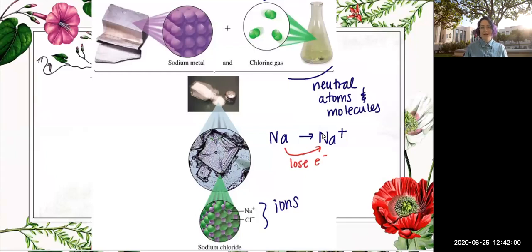You don't gain a proton because then you're not sodium anymore. So let's think about chlorine as just one chlorine. It goes from chlorine to the chlorine ion, or chloride. What has to happen for the chlorine to become -1? Well, it has to gain an electron.